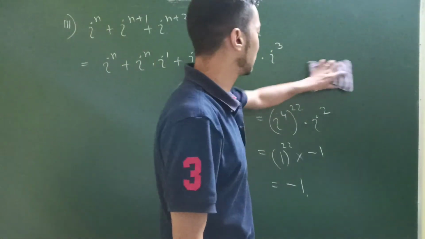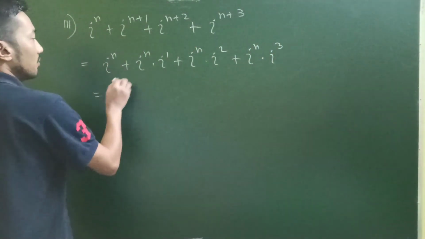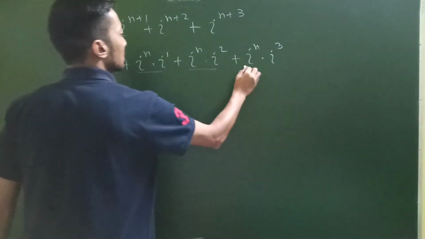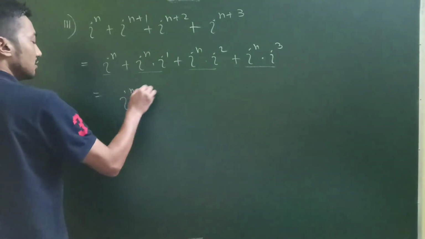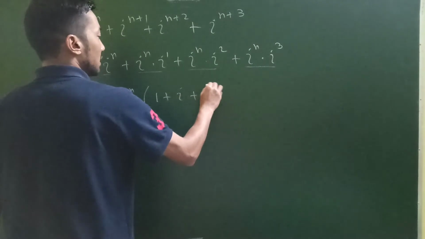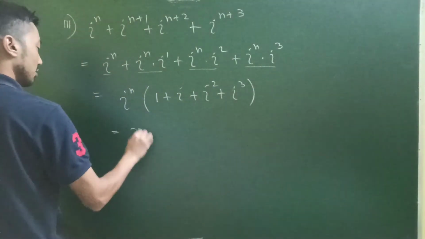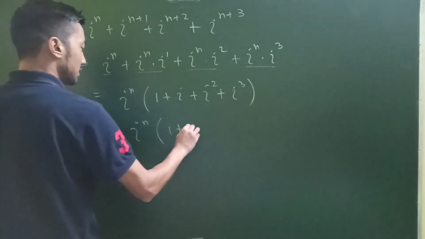I believe all of you know the basic laws of indices, exponents and all. So now from each of these 4 terms, I will take out i^n common. So that will be 1 + i + i^2 + i^3.